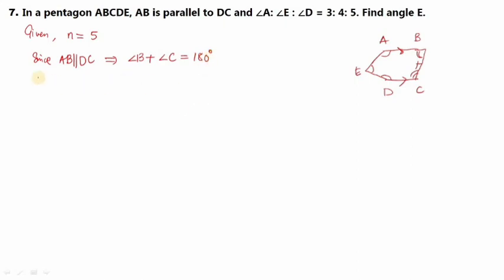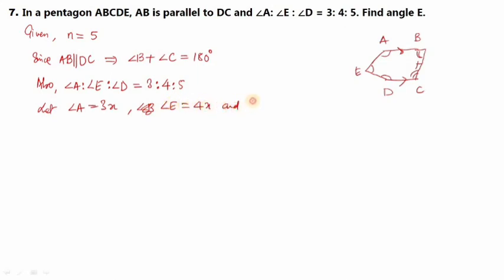Also it is given that angle A to angle E to angle D is 3:4:5. So let angle A equal 3x, angle E equal 4x, and angle D equal 5x.